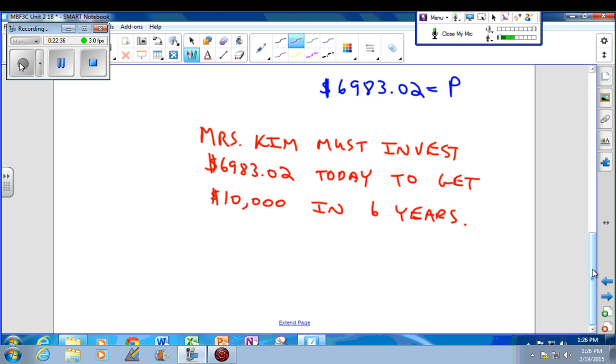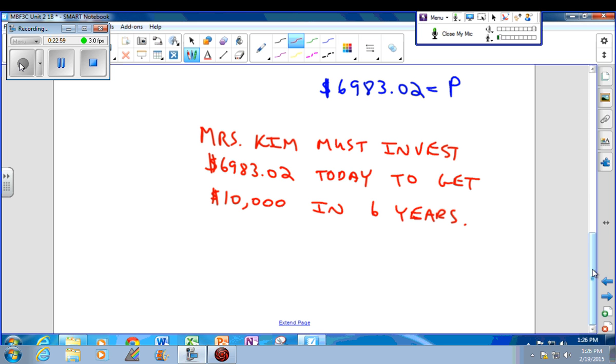So there is another way to do it. You don't just have to, like Mrs. Kim, who had almost $7,000. Most of us don't have that, especially when we're young. So there's another way to do it with an annuity or a savings type program where you're putting money aside every month or every week.